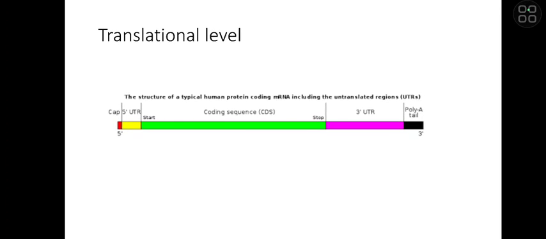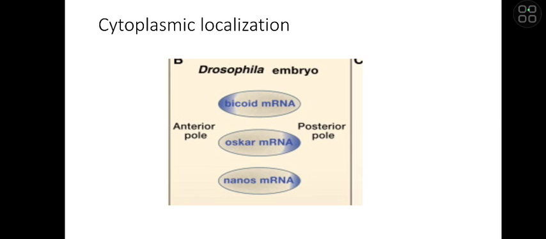Another important factor is the cytoplasmic localization of mRNA. Here in the Drosophila embryo, we can see that there are two kinds of mRNAs. In the anterior region, the mRNA is concentrated, which we call the bicoid genes.